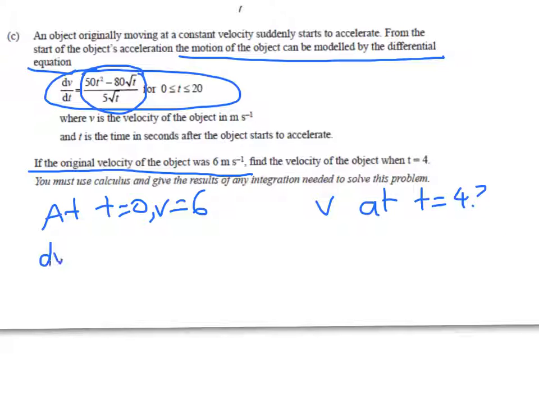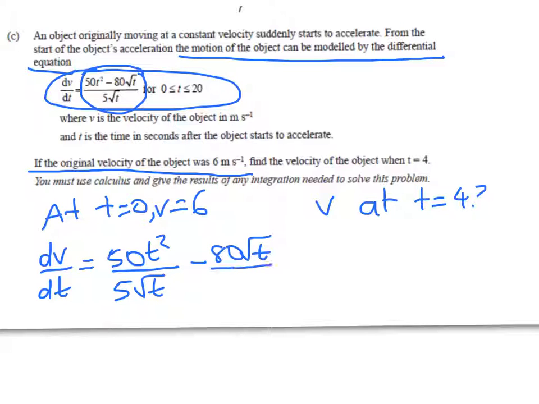So step 1 is to just rewrite that equation. So we've got 50 t squared over 5 root t minus 80 root t over 5 root t. So that first term collapses to 10 t to the power of 3 over 2 minus 16.